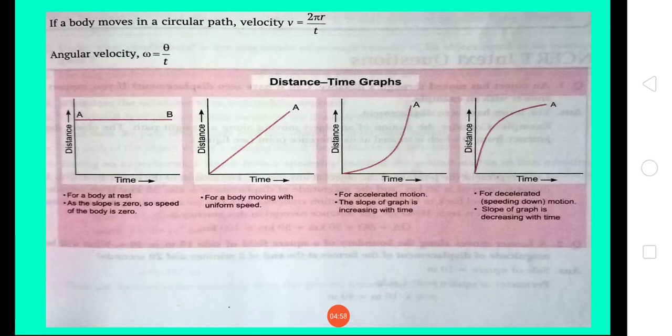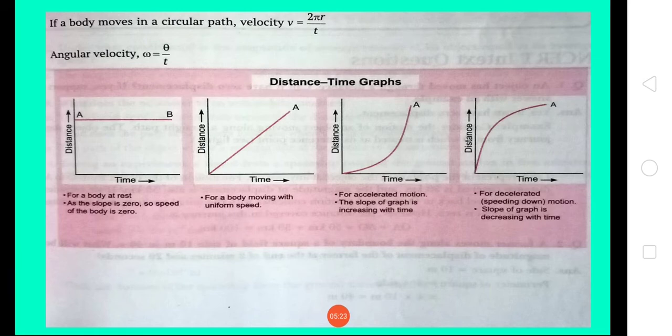As the slope is 0 and you can see the line is parallel to the x-axis, the speed of the body is 0 and the object is at rest. See the second case, as we have already learned, we are getting a straight line. So this represents an object moving with uniform speed or uniform motion.